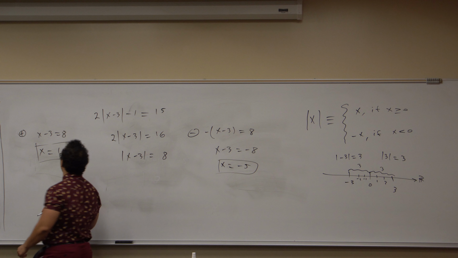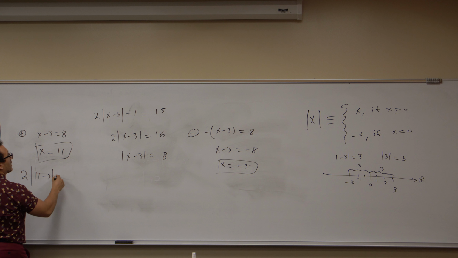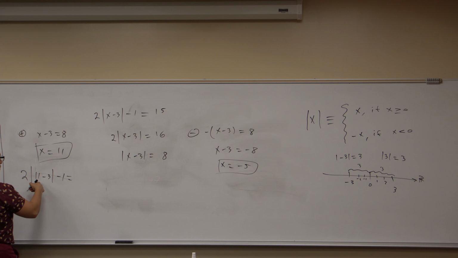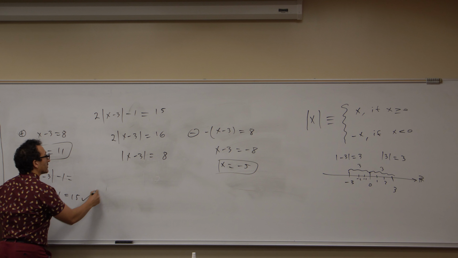Now let's check. Does x indeed work? 2 times the absolute value of 11 minus 3, minus 1. Does this equal 15? Well, 11 minus 3 is 8, correct? Then 2 times 8 is 16 minus the 1, that's 15. That worked.